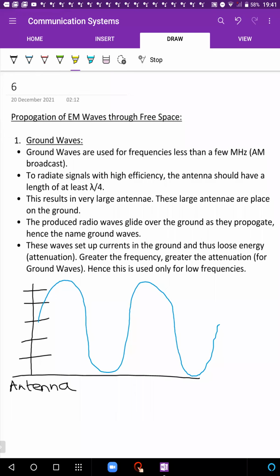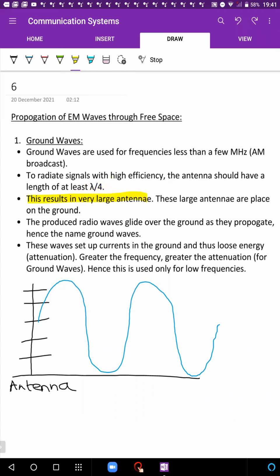To radiate signals with high efficiency, the antenna should have a length of at least lambda by 4. This is a piece of information you'll find repeated throughout the chapter. There's a bigger theory behind this, but the antenna's length increases as wavelength increases. For this frequency range, which is lower frequency, lambda is bigger, so the antenna size, which should be lambda by 4, is also quite big.